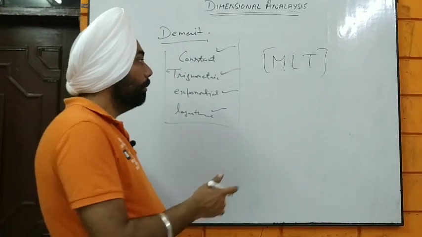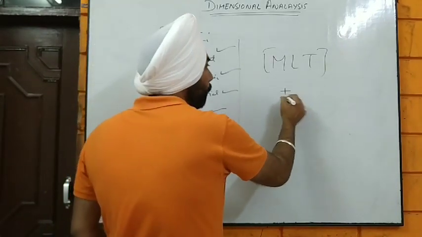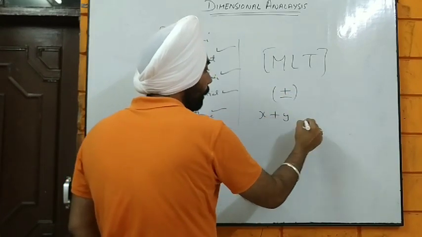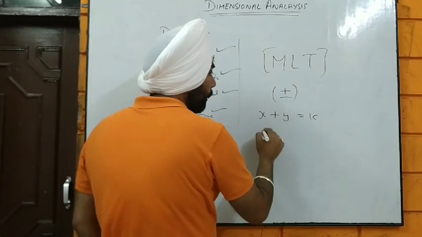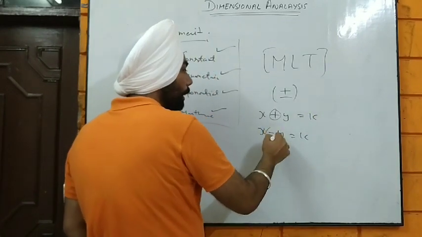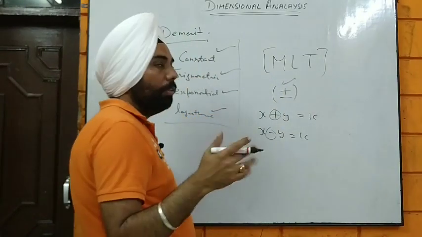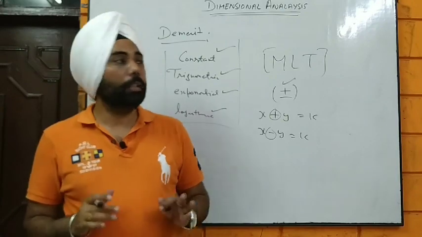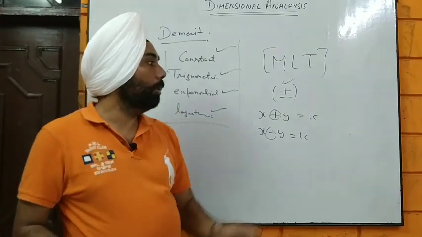And one more thing, it's not going to impact with positive negative symbol. If x plus y is equal to k, then x minus y can also equal k. So the positive negative symbol is not having any impact on the dimensional analysis. So these are the main drawbacks of dimensional analysis.